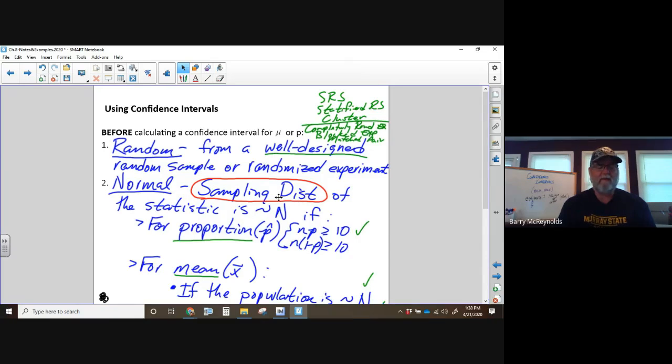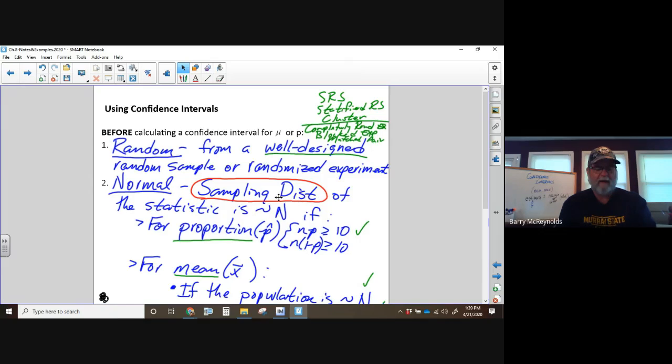So our confidence interval would be 66 minus 3, which is 63, and 66 plus 3, which is 69. We interpret it this way: we are 95% confident that the interval from 0.63 to 0.69 contains the true proportion of Americans who believe that there should be an amendment to the Constitution permitting prayer in schools. That would be our interpretation.